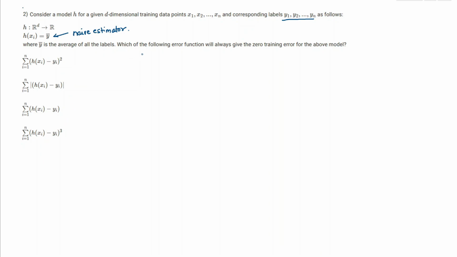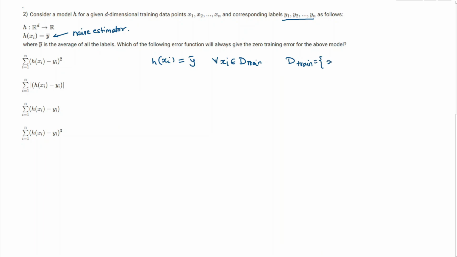What is to be observed is that since h(xi) is equal to y bar, this holds for every xi in the dataset. Let me write D, and in suffix let me write train. So what is D-train? D-train is the dataset that has been used to train the model.